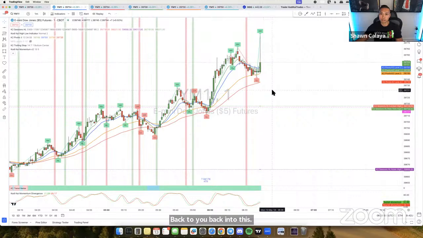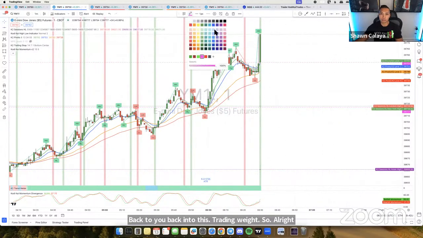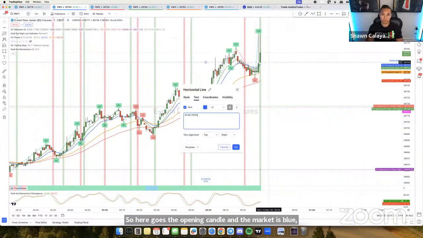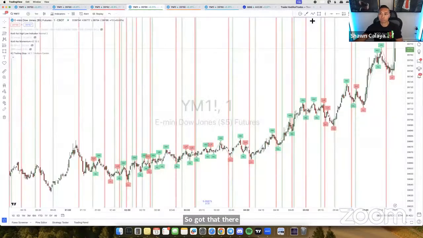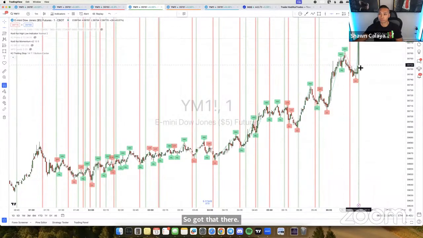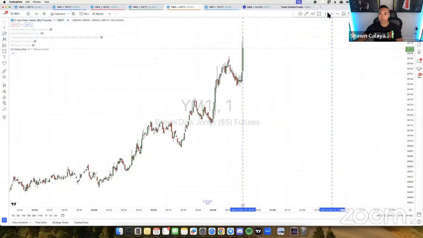So, all right, guys, market is now open. So here goes the opening candle. I'm going to mark this blue, of course. So we got that there. Price is pretty bullish.